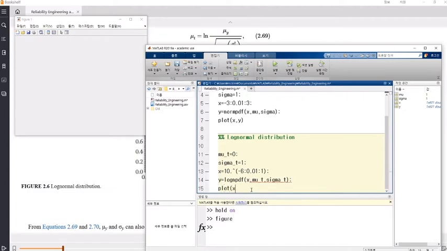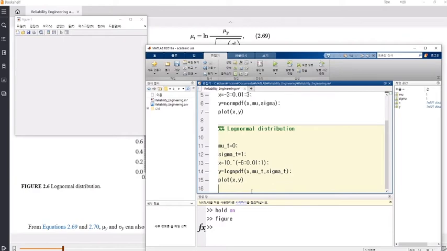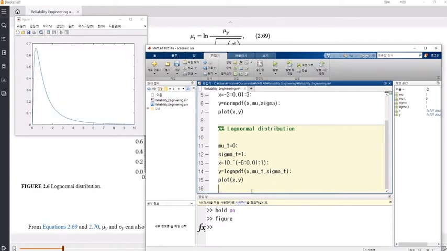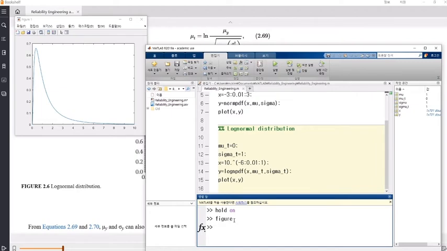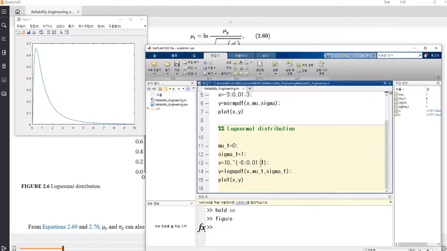And plot of x y will give us the log normal distribution. So maybe 10 was too large.